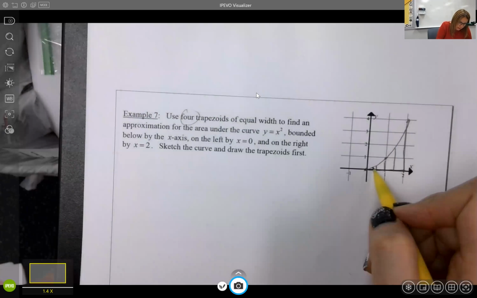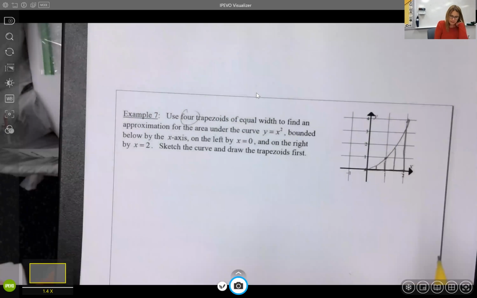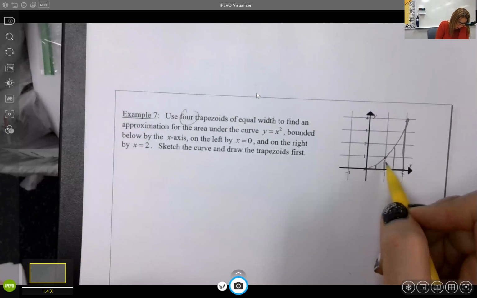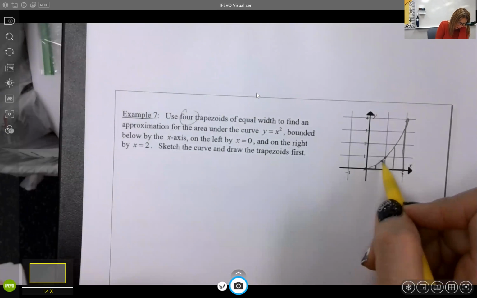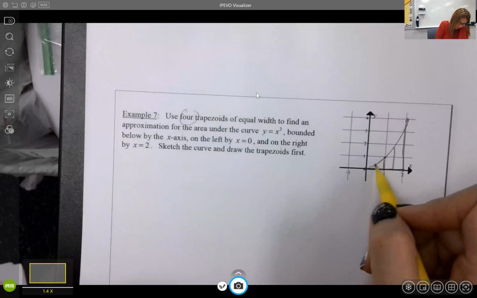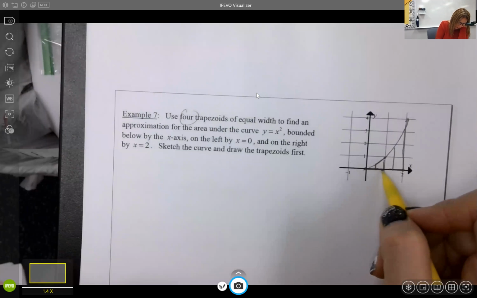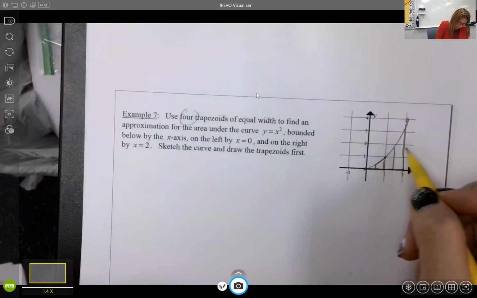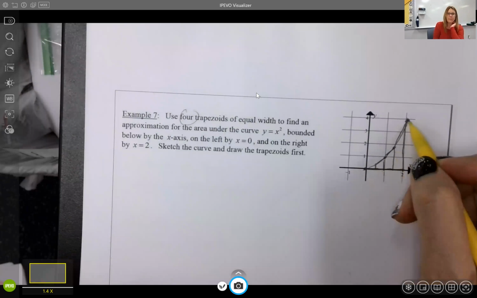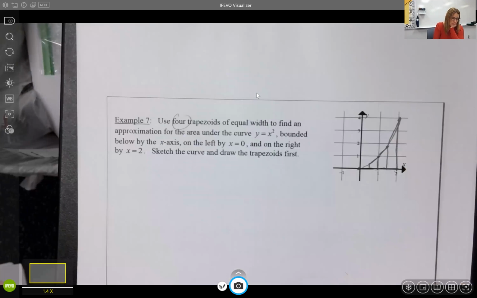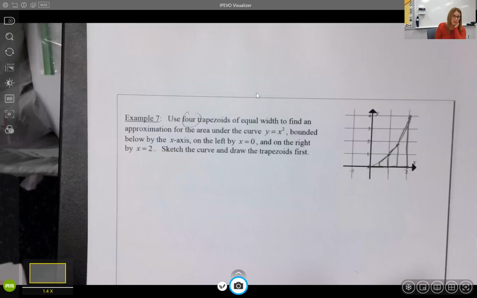So this one's kind of just like this, and then this one, we're going to connect this to this, so it's like that. And this one, we connect this to this, and this one, connect this to this. Okay, so it is a trapezoid. It is really following that curve pretty closely. I'm betting that this is a pretty close estimation.